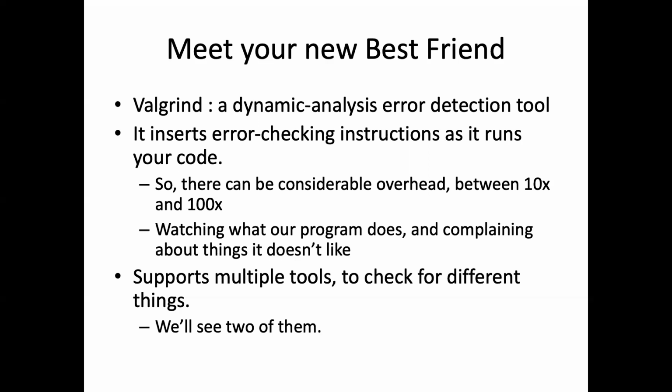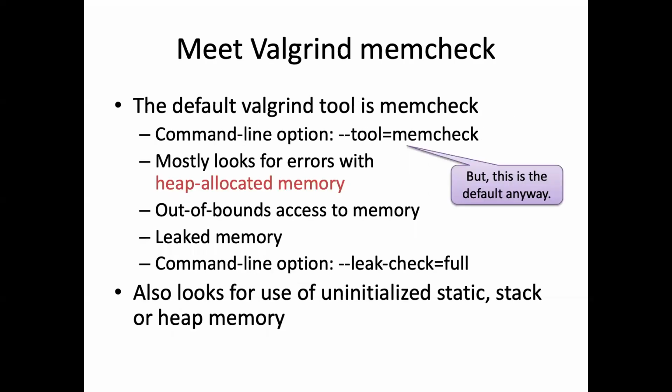And as it emulates these instruction sets, there are certain things it can watch for. It's really got a number of built-in tools that it can use to detect certain kinds of errors. There are command line options for valgrind that let you tell it what tools to use. The syntax is a little weird here, it's dash dash. A lot of programs are like that.